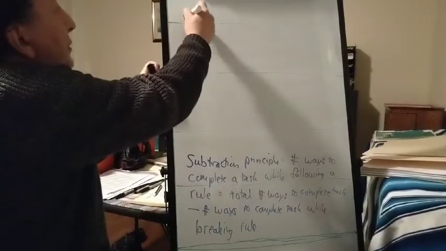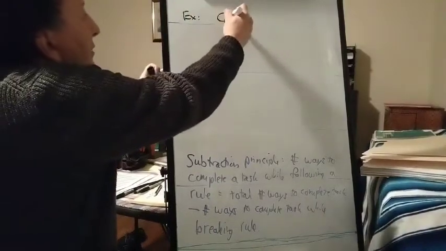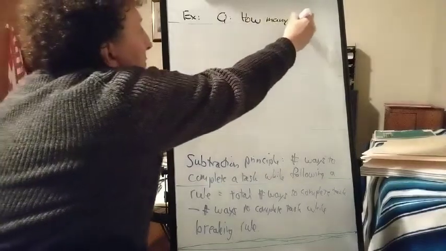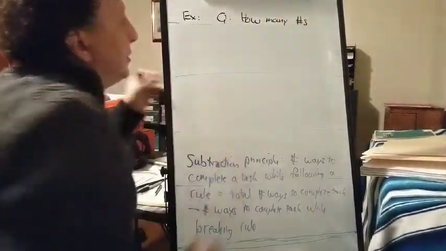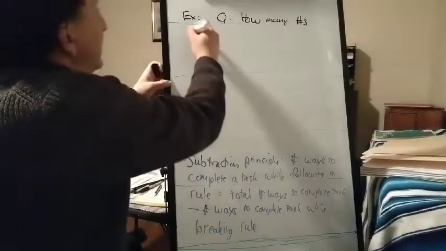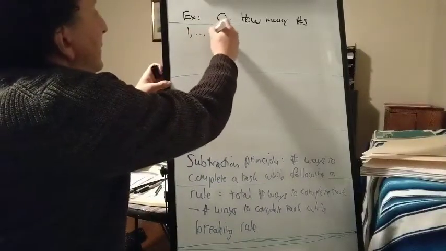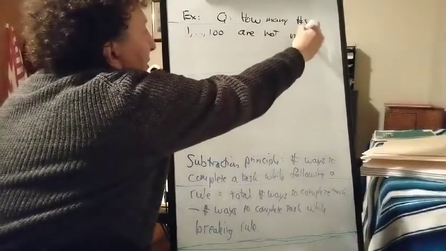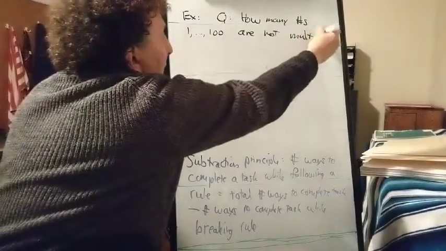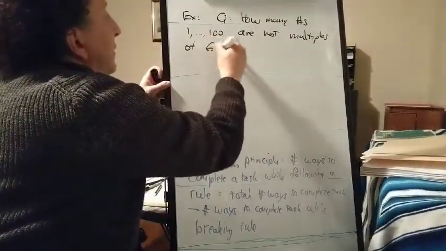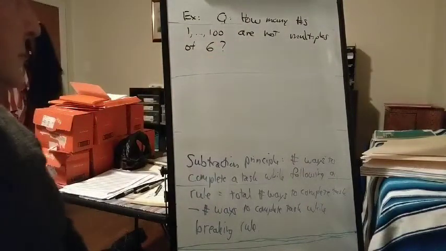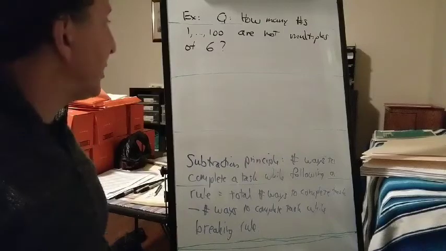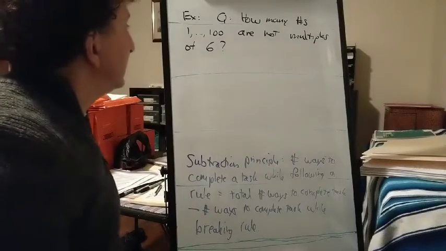So for example, let's consider the question, how many numbers between 1 and 100 are not multiples of 6? Now we could answer this question by thinking about the numbers one at a time.